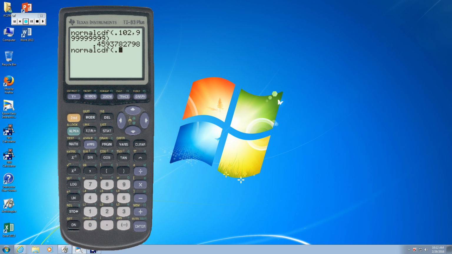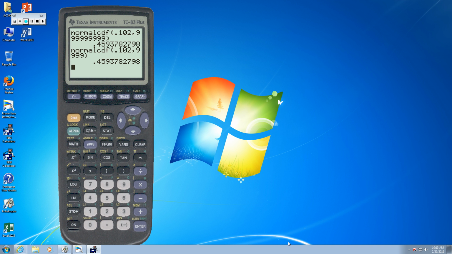At least use four, or at least use 4 nines. So point 102, comma, to infinity, 9999. You gotta use calculators. Point 102, comma, 9999. Close parentheses. And in your case, you just hit calculate. And what'd you get? Which is 45.94%. And that's how you use that.